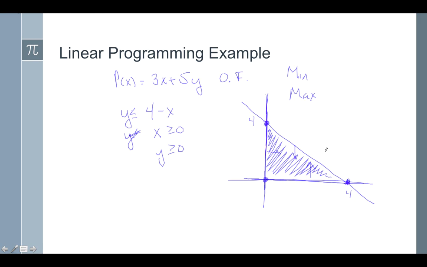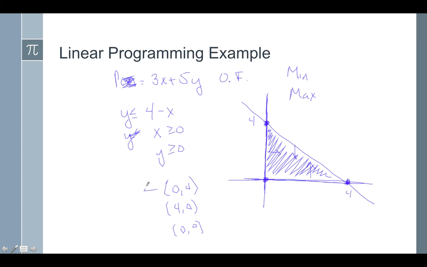In this case, the shaded region is nice for us. The 3 points that we need to test are 0, 4, 4, 0, and 0, 0. What I mean by test is we need to plug it into the, I can't call this p of x, I have to call this the p function. I need to plug in x equals 0 and y equals 4.